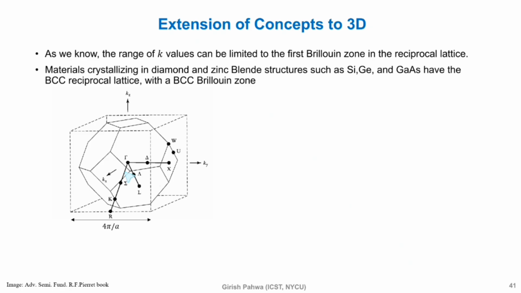Similarly for germanium, similarly for gallium arsenide, but gallium arsenide is a special case. We will see that for gallium arsenide the minimum energy point occurs at gamma equal to 0. So you don't have to go to a direction, so it's just one point.